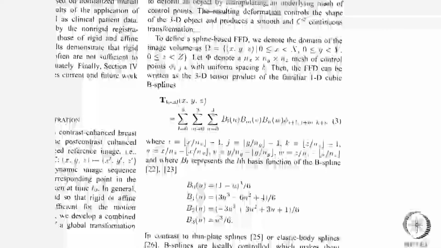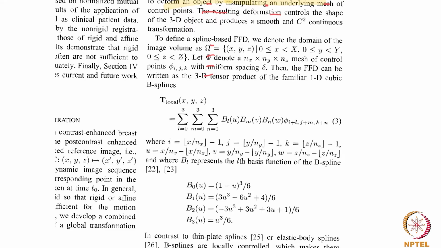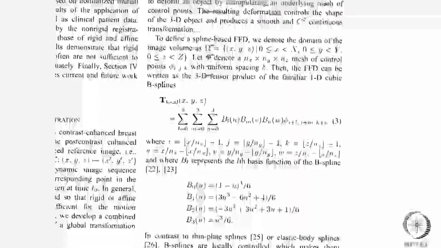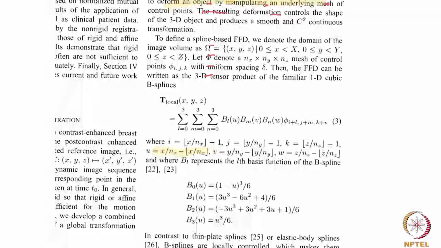So what do these functions B0, B1, B2, B3 do? They tell you the weighting of each of these control points based on the distance u. In this case, it's u along x, v along y, and w along z, the distance from the control point. If you look at this line of the paper, it tells you how they calculate the distances.